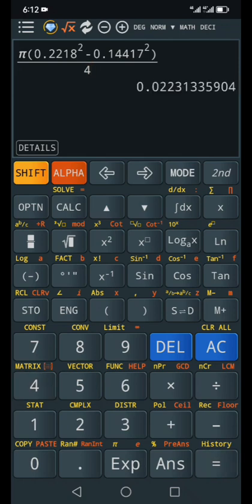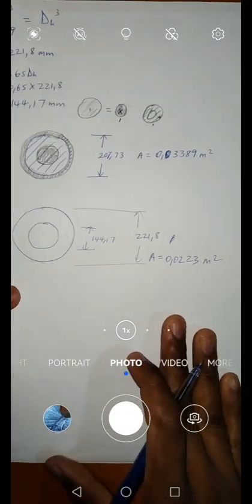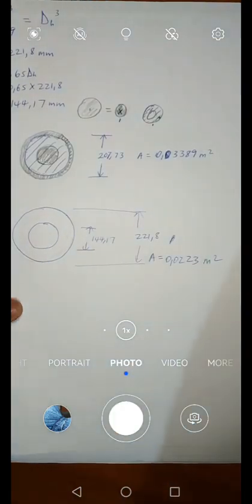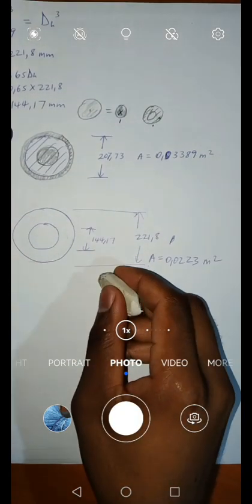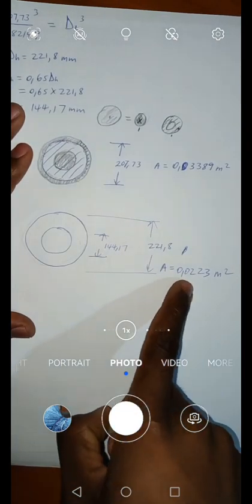So the area of this will be 0.0223. As you can see, the area of this is big, and this area here is small, 0.0338 compared to 0.022.